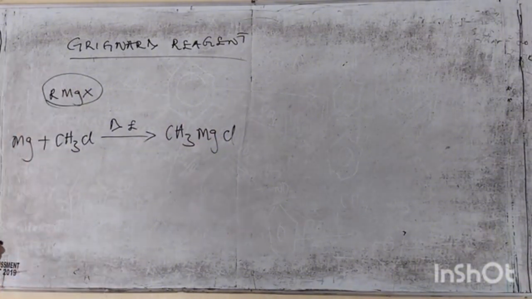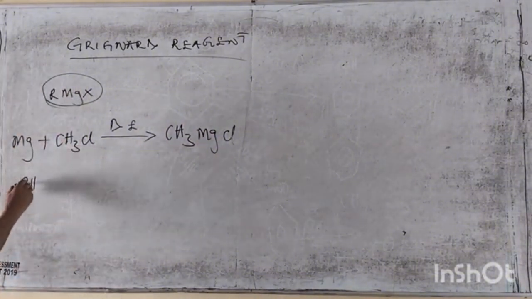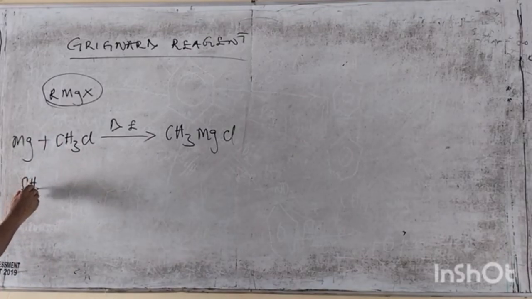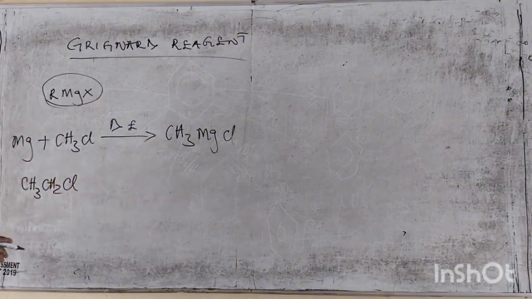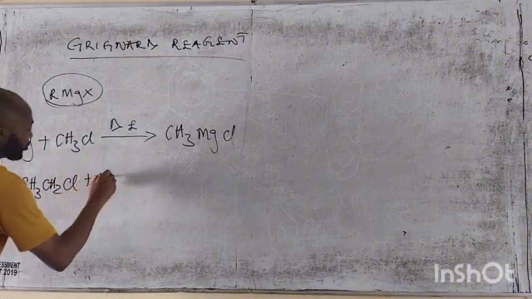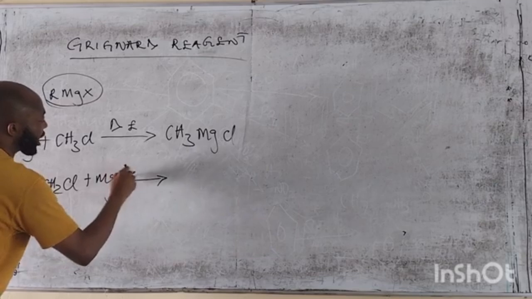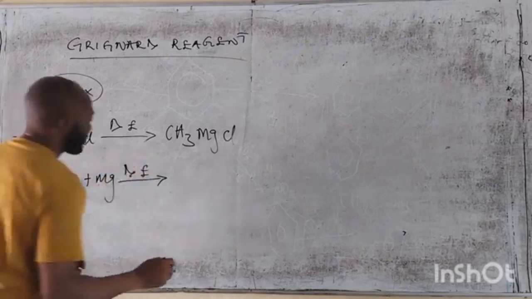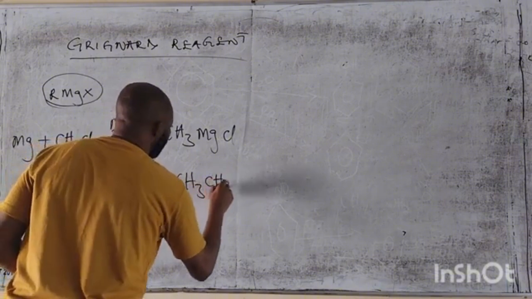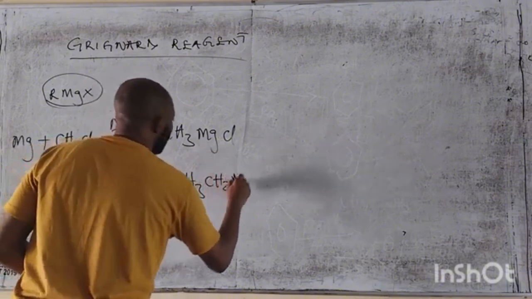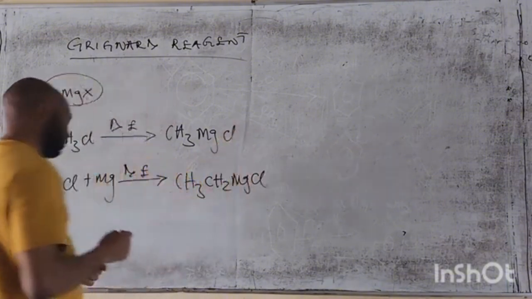So let's look at another example of this. We can take CH3CH2Cl, chloroethane, plus magnesium in the presence of dry ether. We are going to get CH3CH2MgCl.